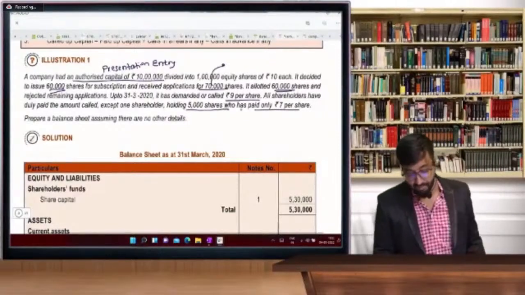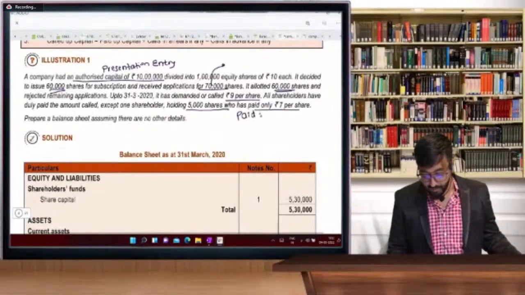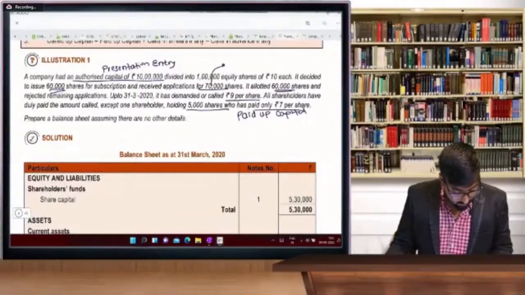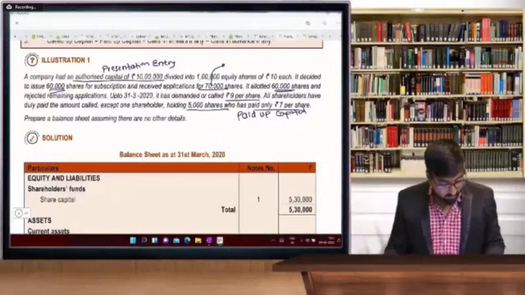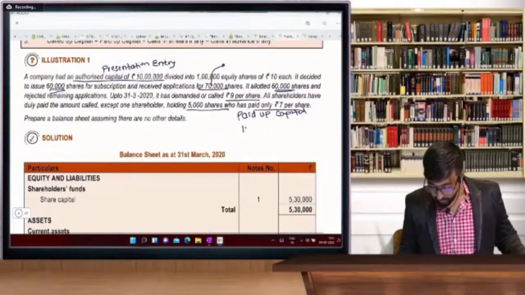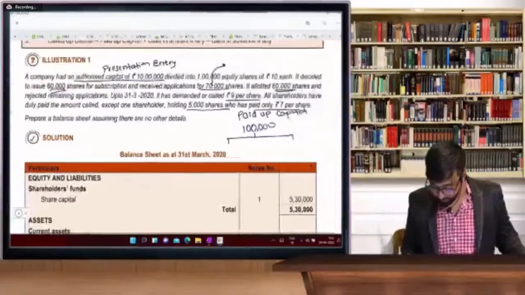So, beta, this is paid up capital. This is paid up capital. So, 1 lakh shares authorized capital. You can draw this diagram if you want.